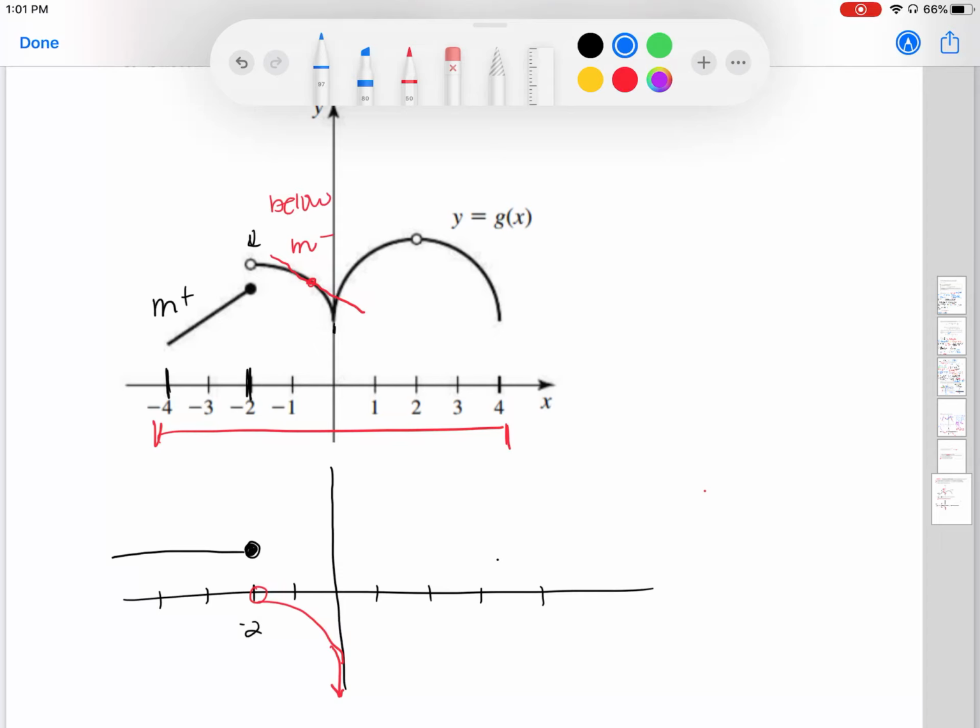And then from 0 to that stopping point of 2, we have a positive slope, so it's going to be above our x-axis. And then from 2 to 4, it's going to be below.